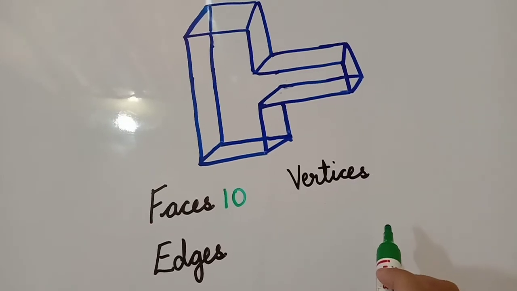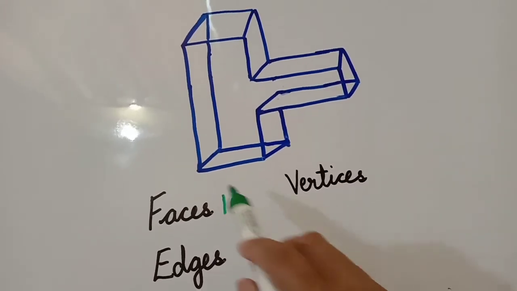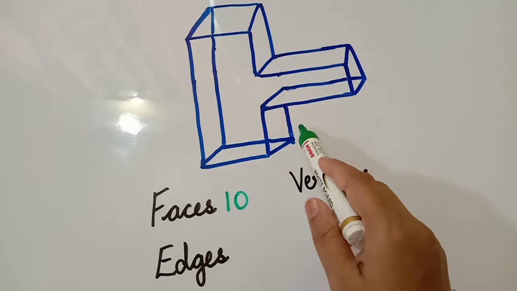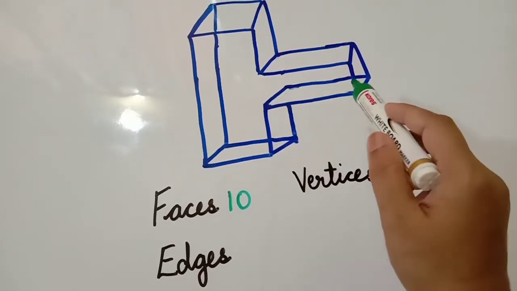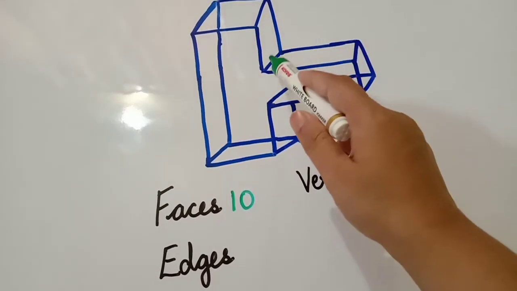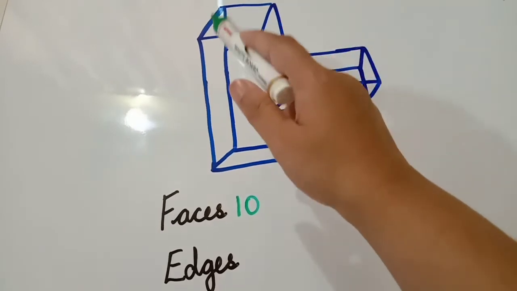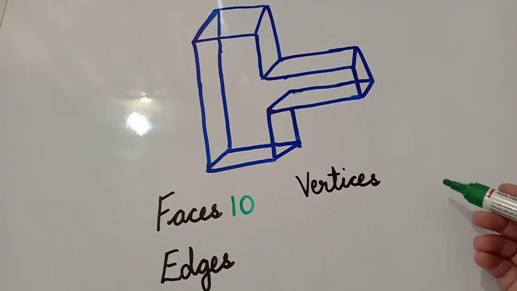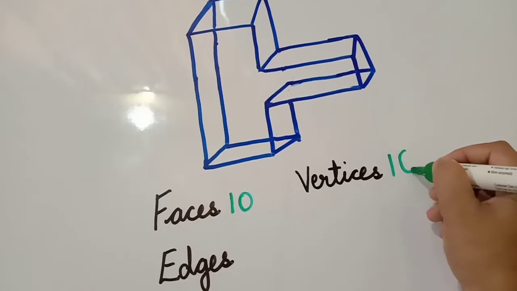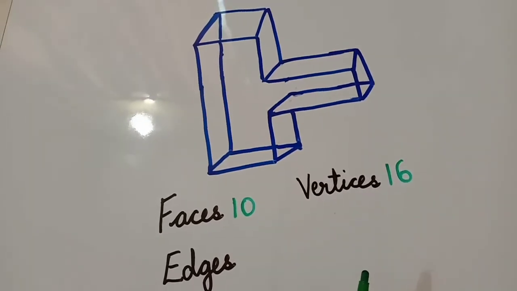Now let's see how many vertices it has. 1, 2, 3, up to 16. So it has 16 vertices.